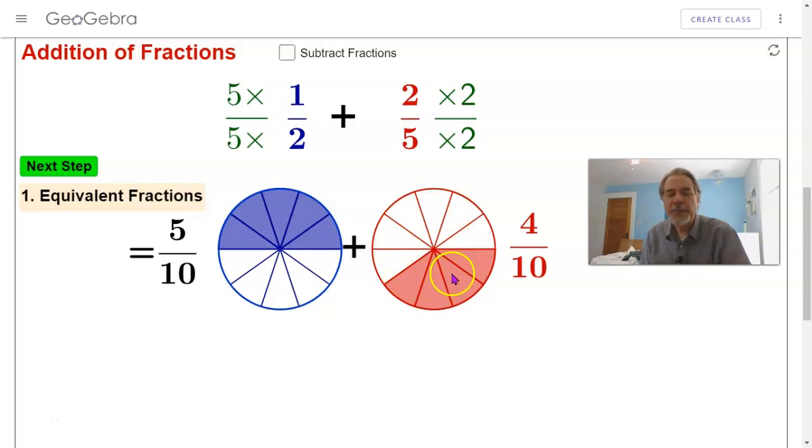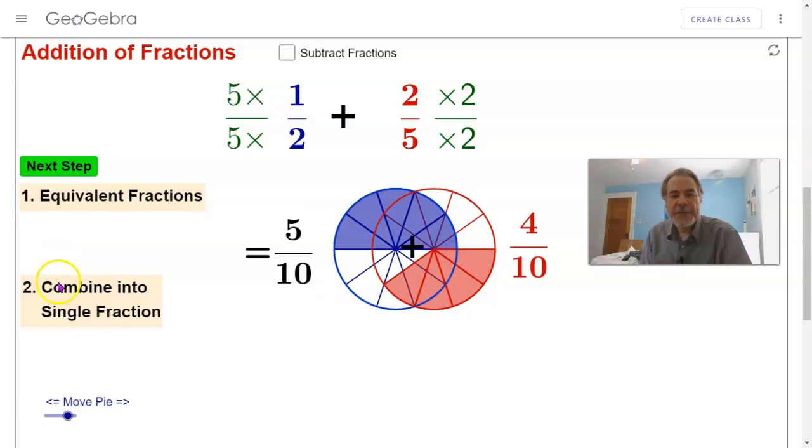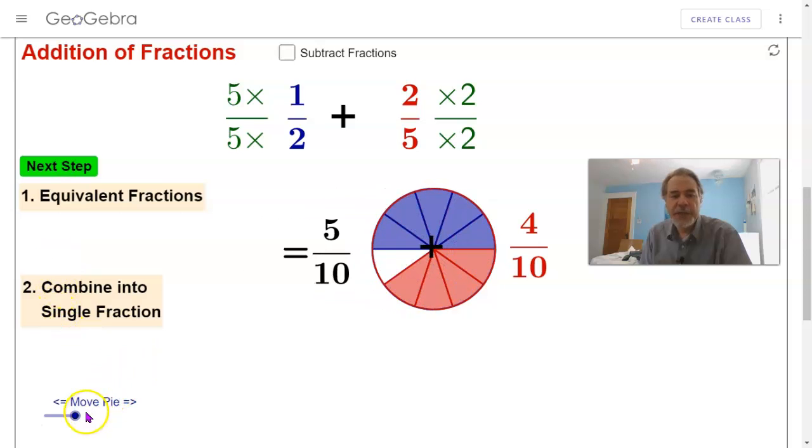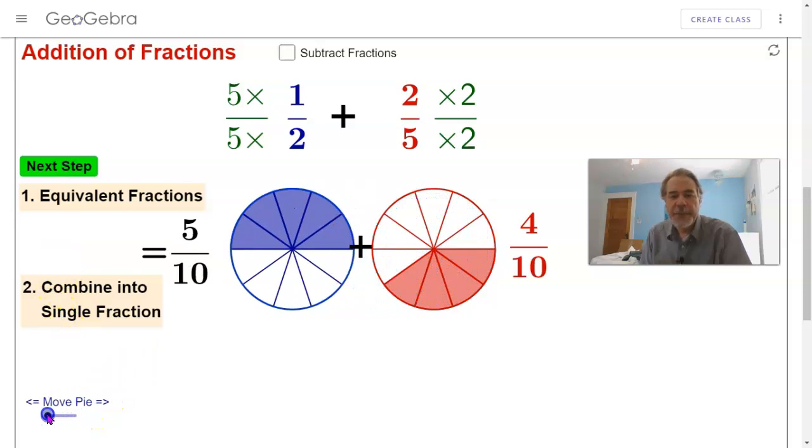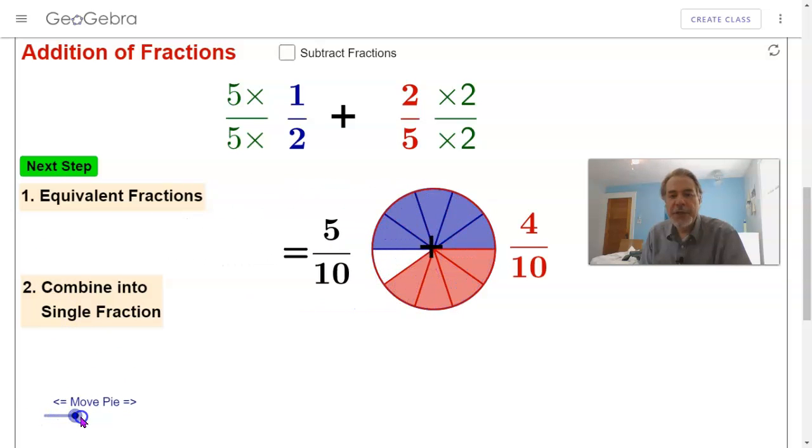Meanwhile, over here, we divided this circle further so that this is in 10 equal pieces, and 2/5 is the same amount of circle as 4 of those tenths. And now we can put these together. 5/10 and 4/10 together add up to 9/10.